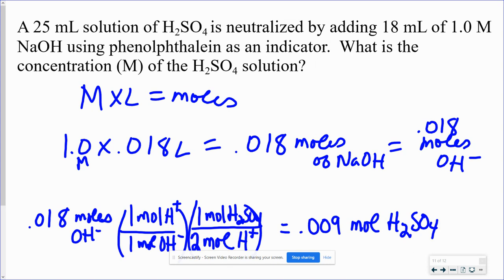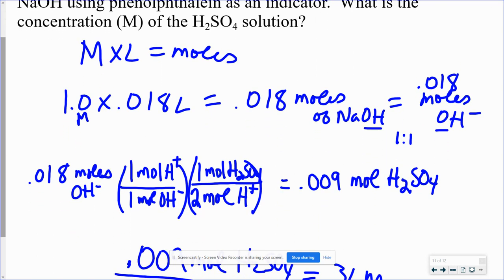So that gives us moles of NaOH, which is moles of OH minus because it's a 1-to-1 ratio. But now it's a little bit different from the other one because the moles of OH minus does equal the moles of H plus, but in our acid, there's 2 moles of H plus for every 1 mole of H2SO4. Even though the second H is not a strong acid, when you're titrating, both H's would get titrated.